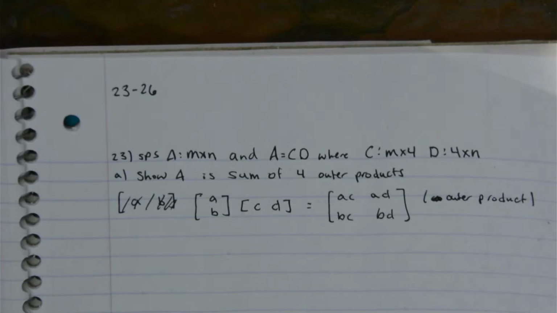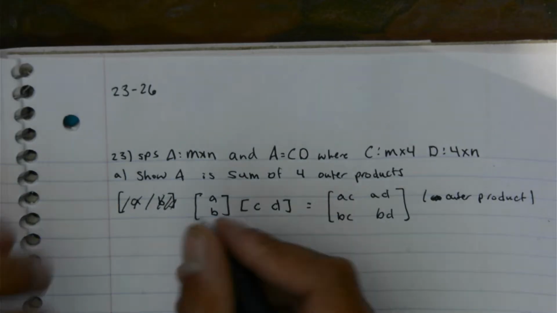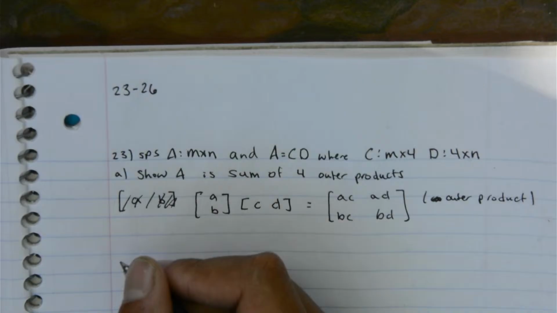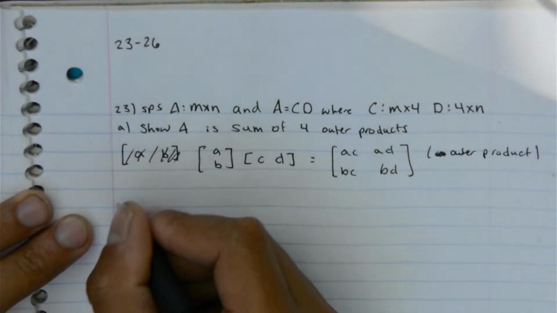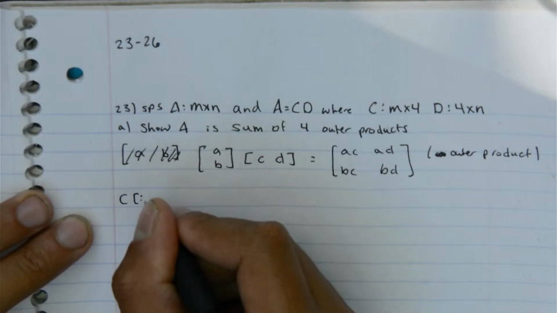So the sum of four outer products. I mean, is it not going to be like C1 times d1?